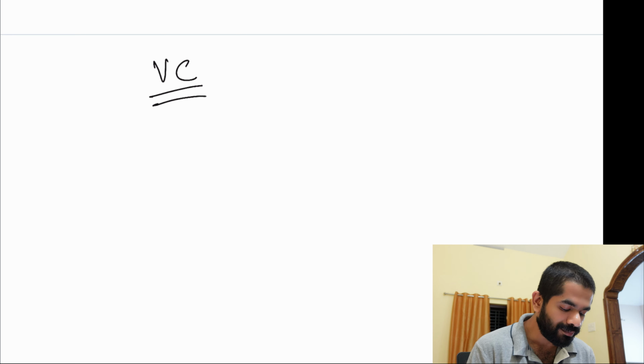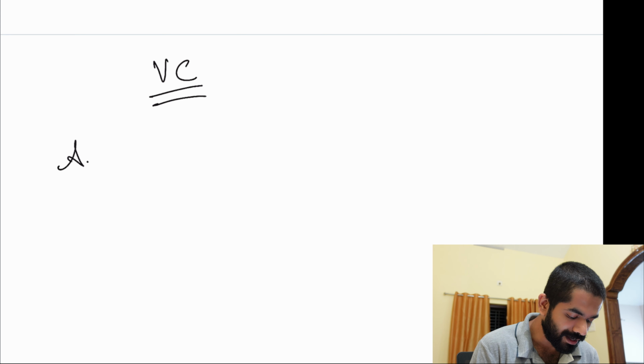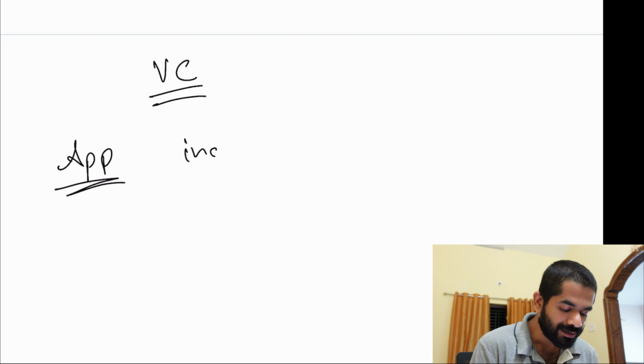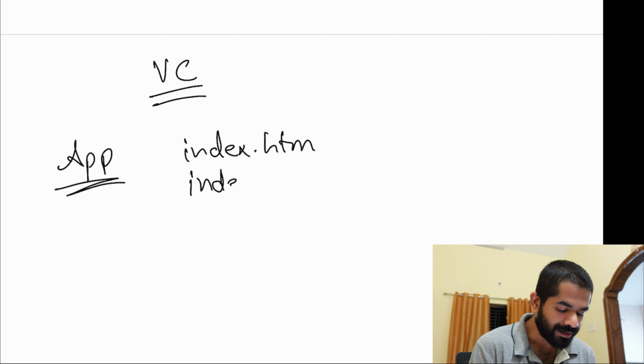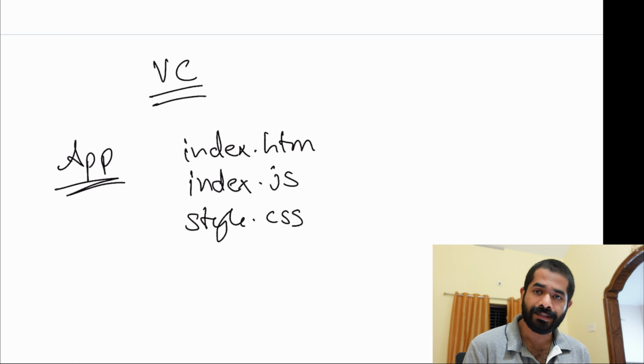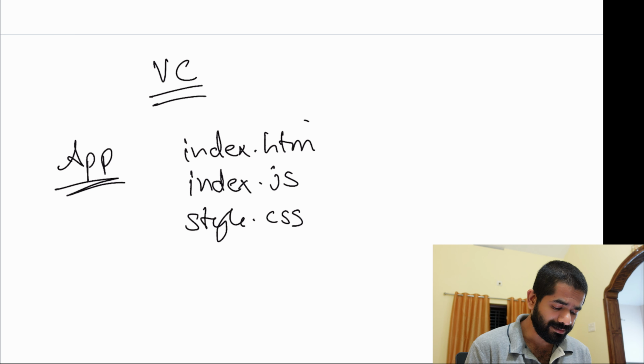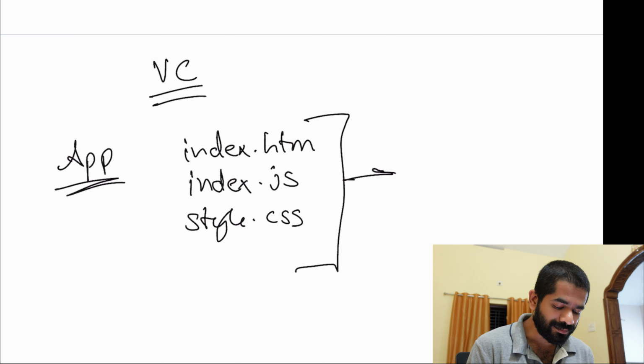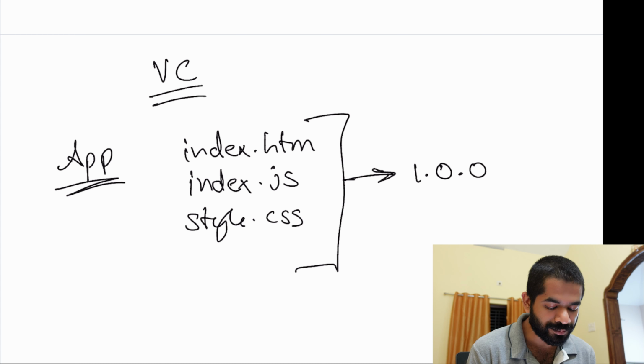Here, let's say we have the application initially with three files: index.html, index.js and style.css. Now when we have these three files, let's assume this is the initial draft version. So let's assume the version to be 1.0.0.